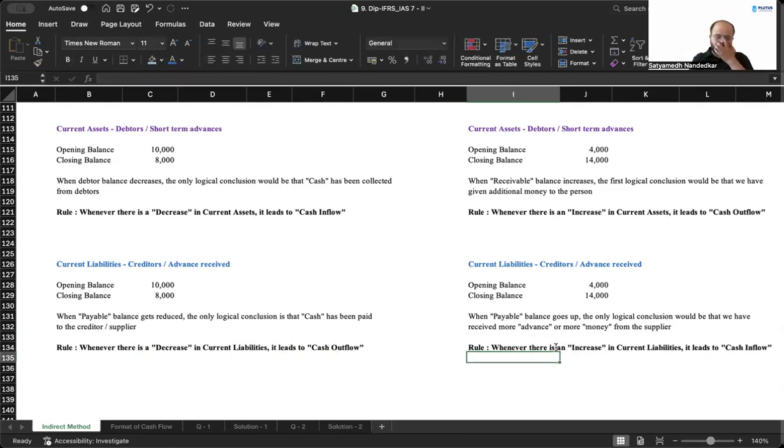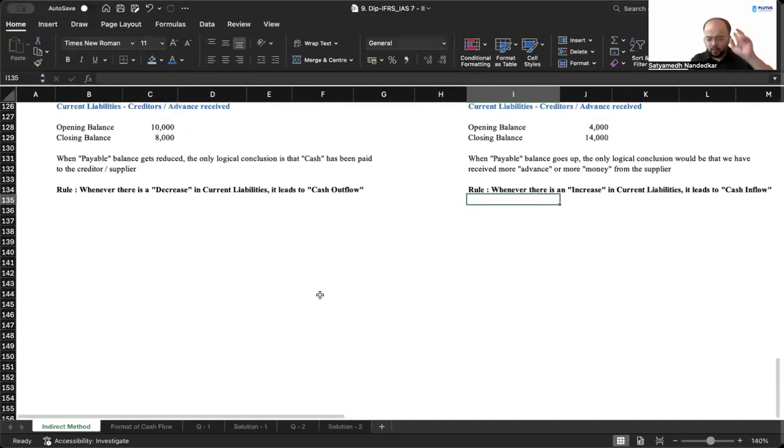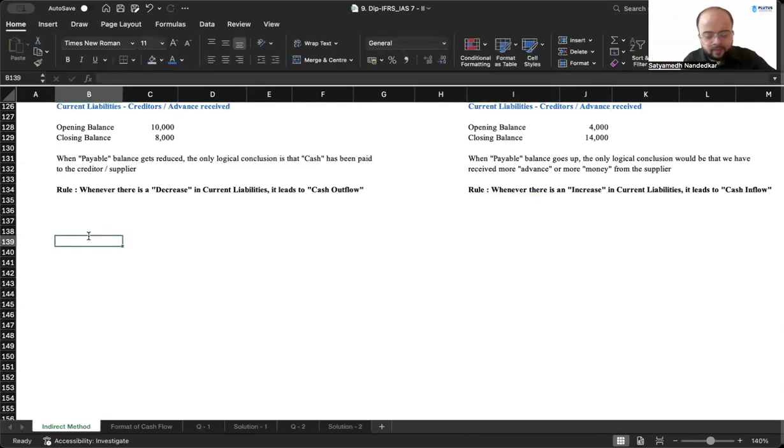Okay. And we'll be combining this together as a rule. I want you to remember just one of the four treatments. Current asset decrease. Think of inventory, opening balance 10, closing balance 4. Inventory balance has reduced.